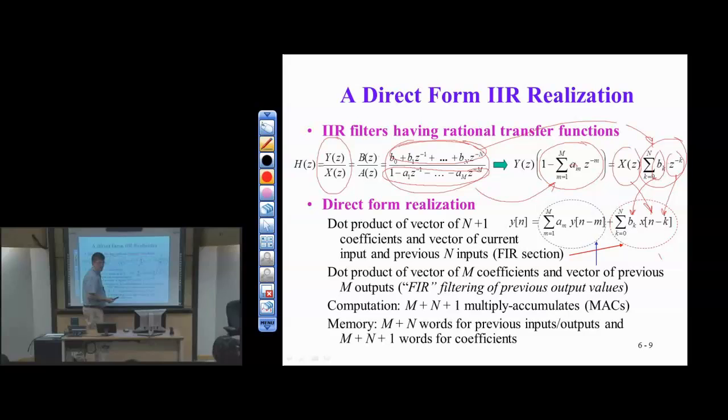It's just a constant. Doesn't depend on discrete time index n. So that's my right-hand side. Left-hand side, the one term simply becomes y of n, and that comes down here. That's the one term. I then add to the right-hand side this summation.